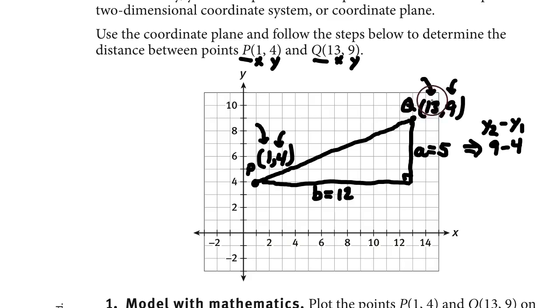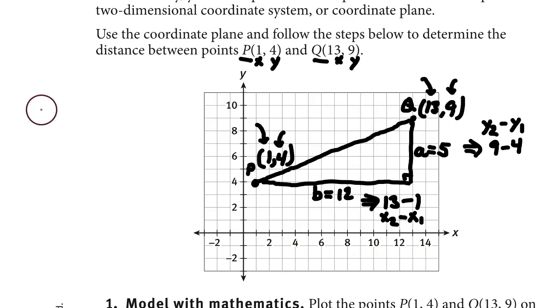This x value is 13, and this x value is 1. We could go 13 subtract 1. If we try to represent this in symbols, it's like saying, let's use the x-coordinate of the second point and subtract the x-coordinate of the first point.